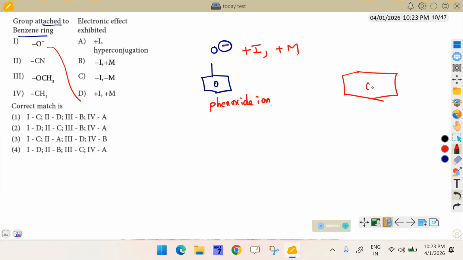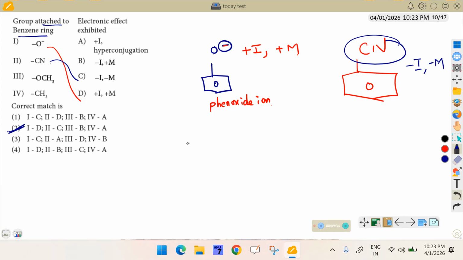C6H5CN. Cyano group. Cyano group acts as minus I group as well as minus M group. Cyano group minus I, minus M. 1D, 2C. Second option.